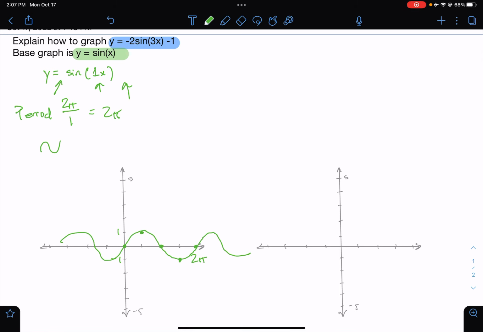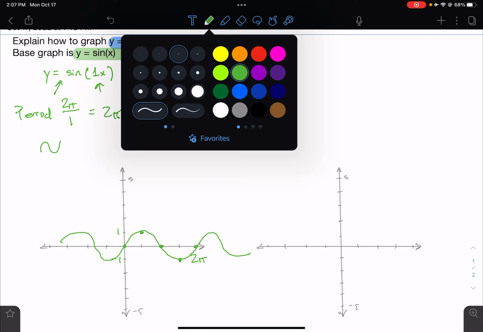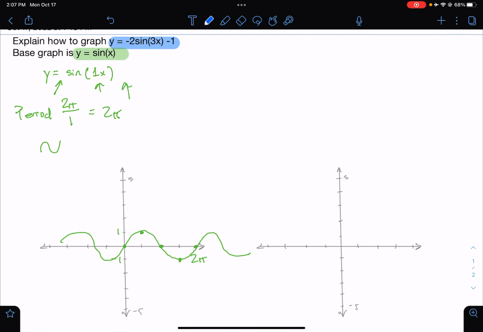So for the next example, this will have a little more going on. Right off the bat, the information we know is the amplitude is 2.